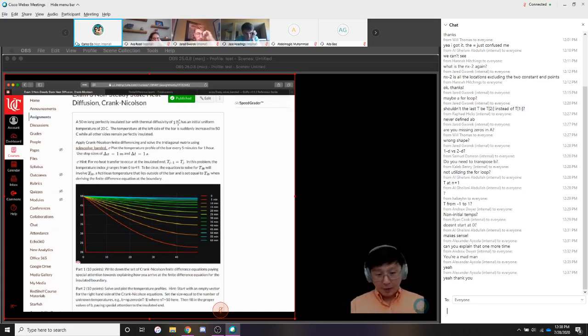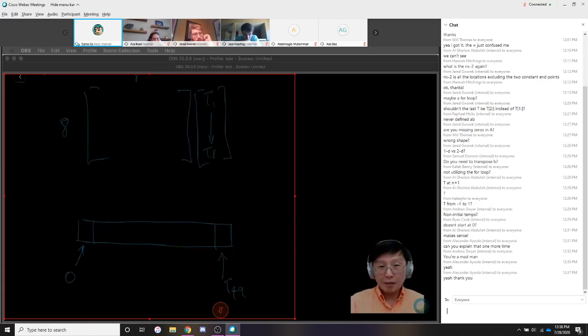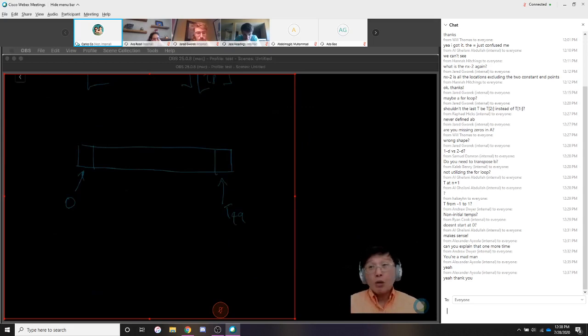This thing is 50 meters long. You're given alpha, delta t, and delta x, and you discretize it from 0 to 49. In this case, this part here will be node 0 and this guy here will be node 49. Of course you can't see that.